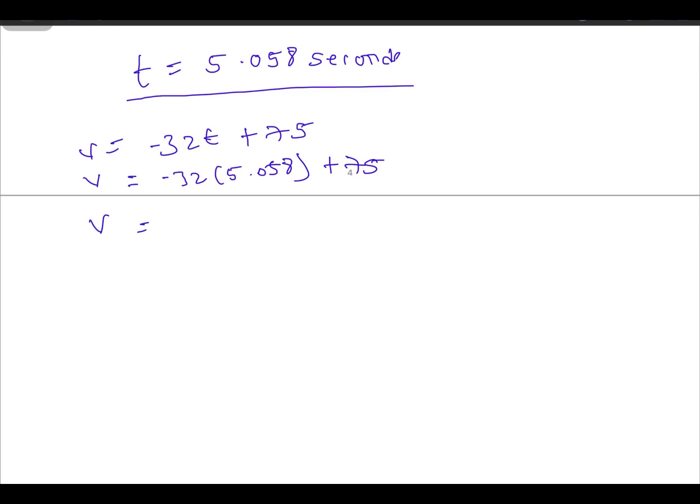So you pick your calculator and confirm the answer: negative 32 times 5.058 plus 75.